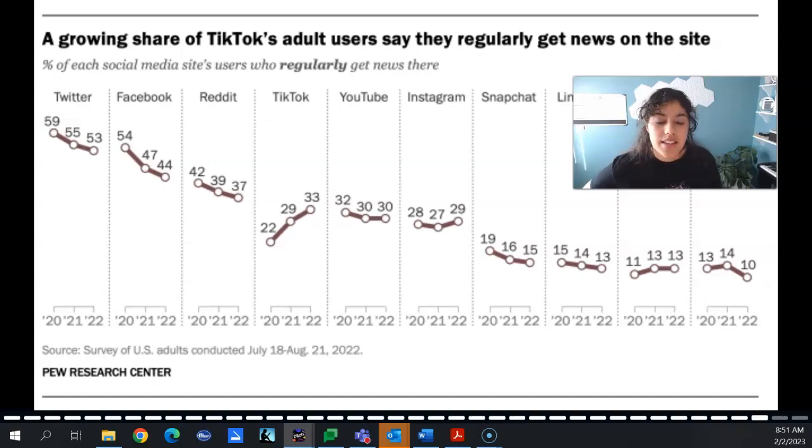And then last, we can talk about tables. This is actually a more visual representation of a table, which I really, really like. It came from the Pew Research Center. What it's showing is how TikTok adults are getting their news.